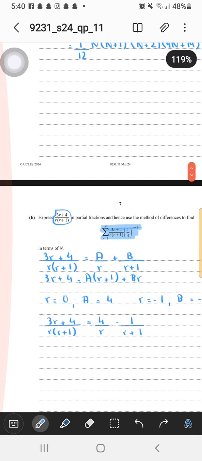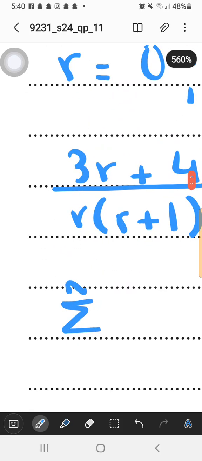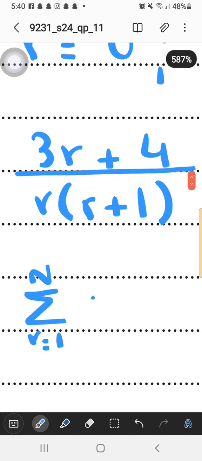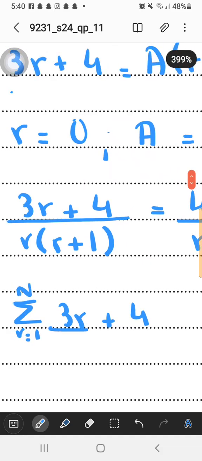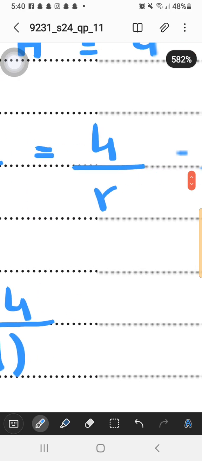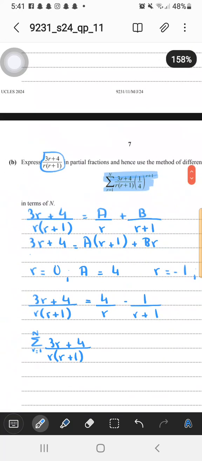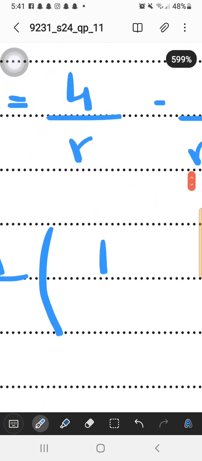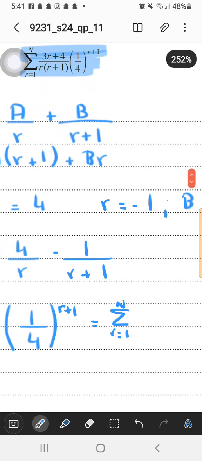Okay, so the summation of capital N, r is equal to 1, (3r plus 4) over r plus 1. Directly there will be not is equal to, first of all there will be 1 upon 4 with the power r plus 1, summation and r is equal to 1.